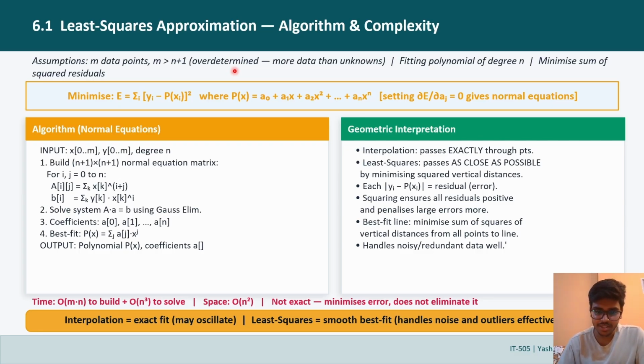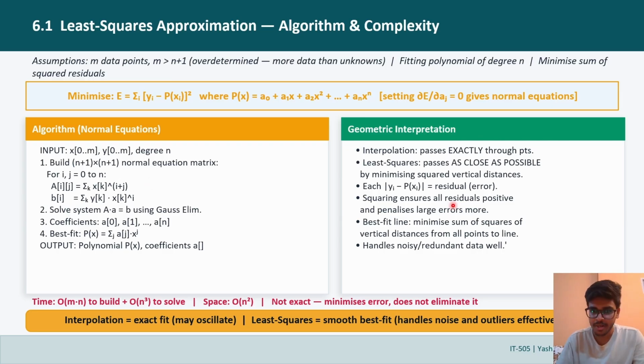Entry aij equals the sum over k of xk to the power i plus j. The right hand side bi equals the sum over k of yk times xk to the power i. We solve this symmetric system using Gauss elimination to find the coefficients a0 through an. The best fit polynomial is then the sum of aj times x to the j for j from 0 to n.